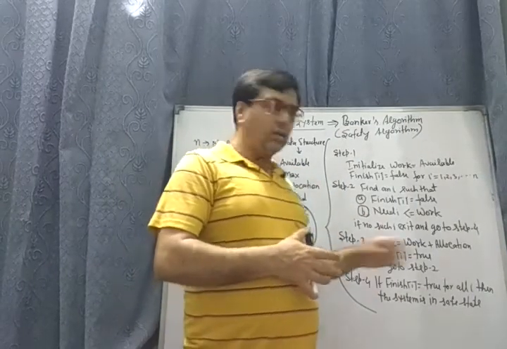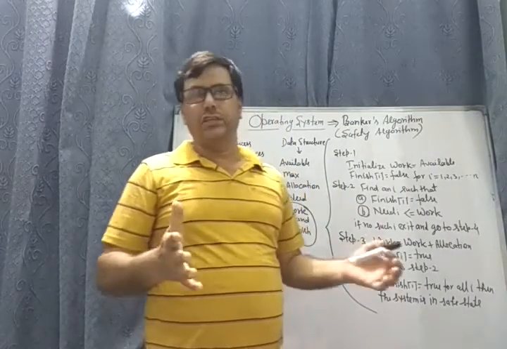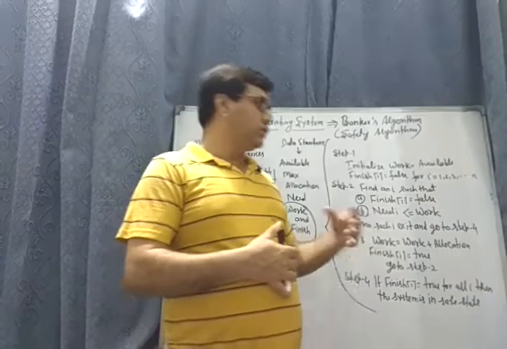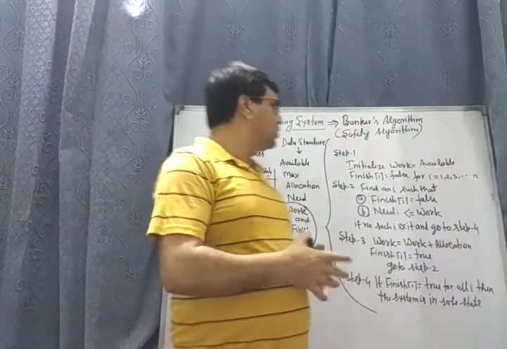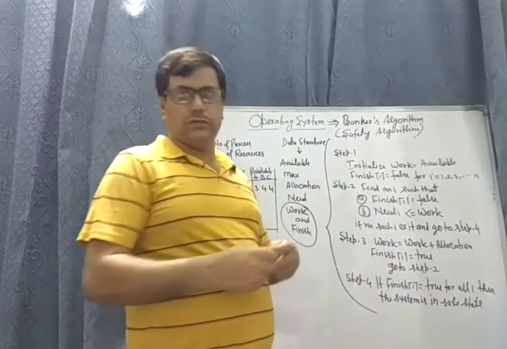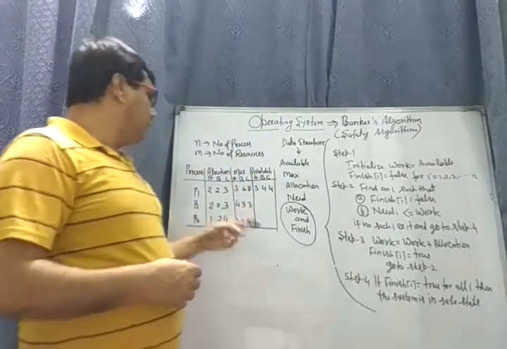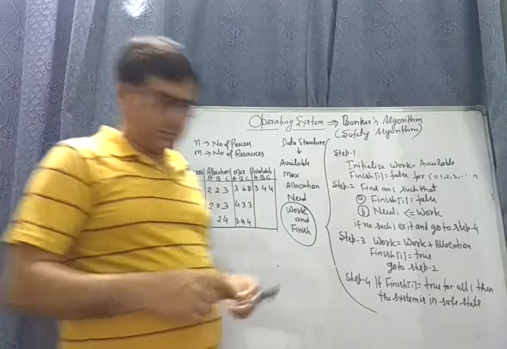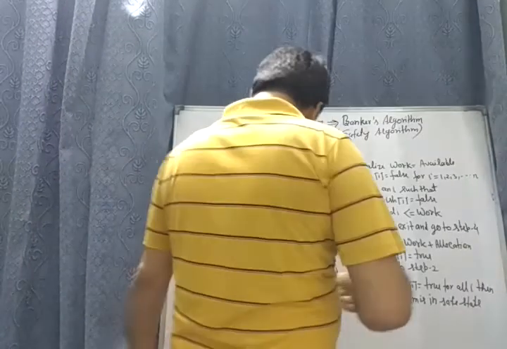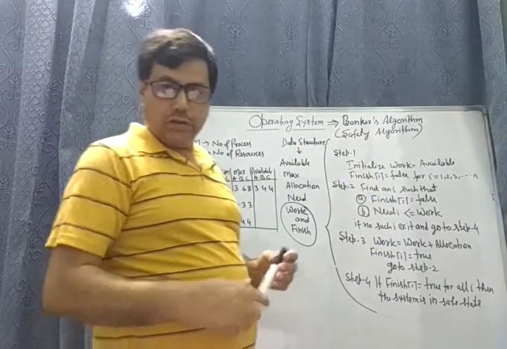If that is not, that means the system is in an unsafe state and not allowed for execution by the kernel. This is the main concept of the safety algorithm. Now, here we have an example and we will test all the processes.